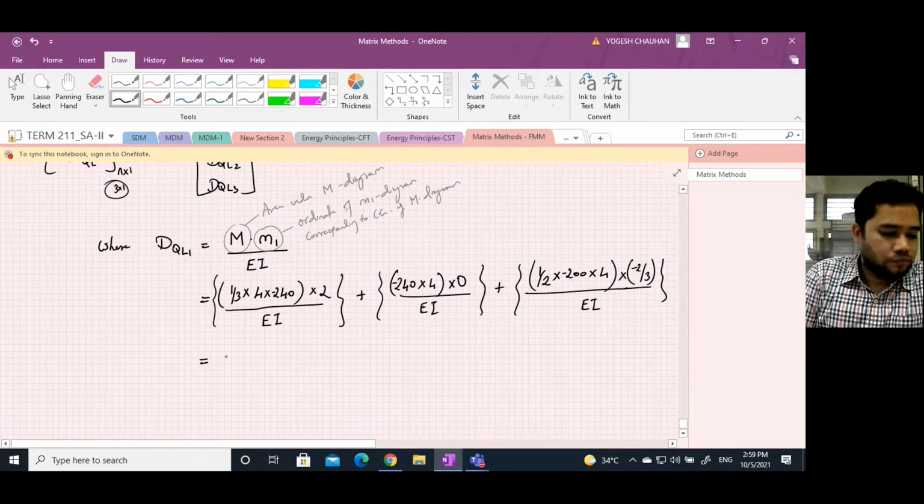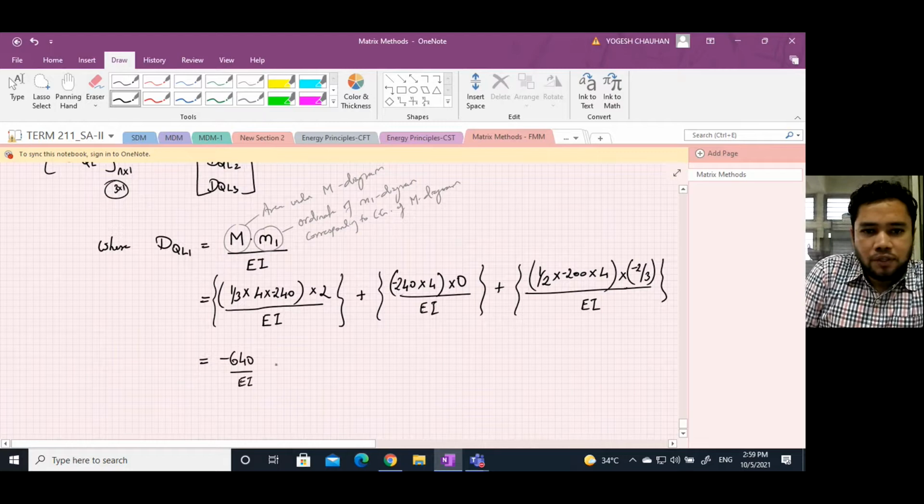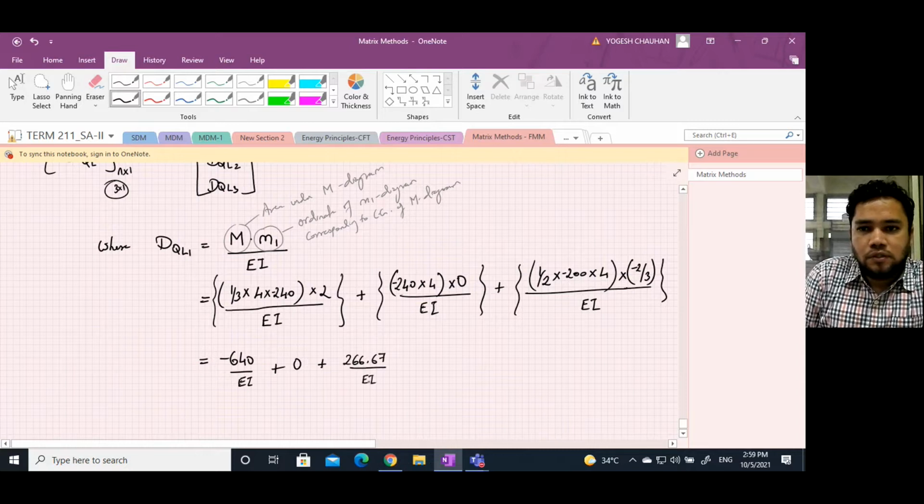how much is this? It will be minus 640 by EI for the first part, 0 for the second part, and for the third part it will be 266.67 by EI.